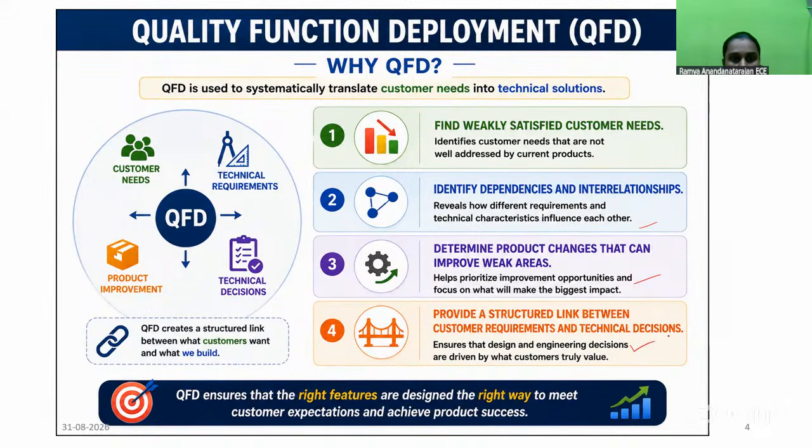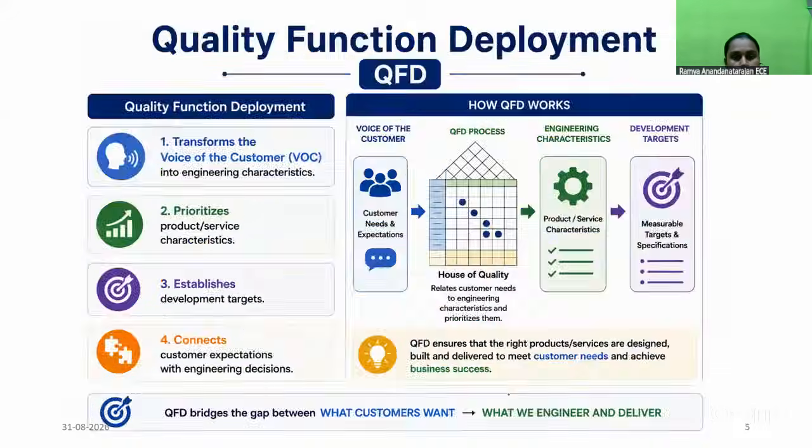For these 4 reasons, we go for QFD, which helps us create a structured link between what customers want and what we build. So QFD ensures that the right features are designed the right way to meet customer expectations and achieve product success. In QFD, we are going to discuss the HOQ, that is the House of Quality Matrix, in detail.